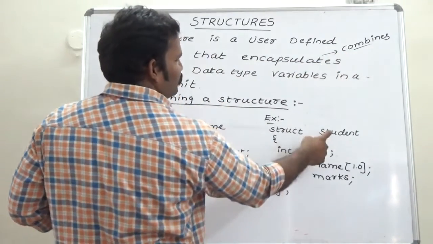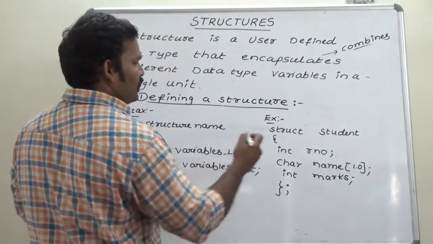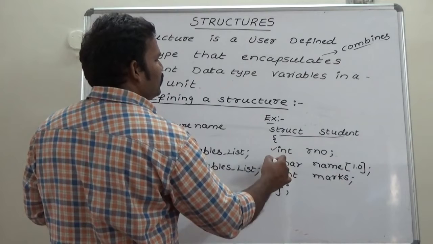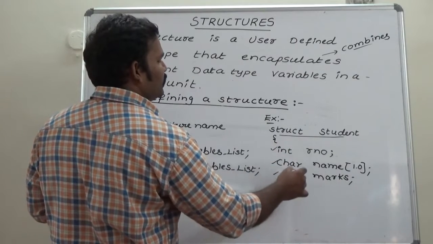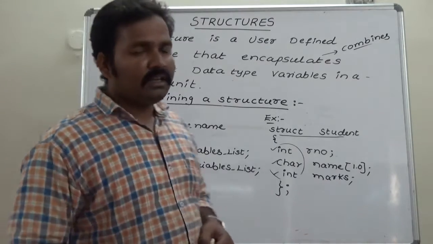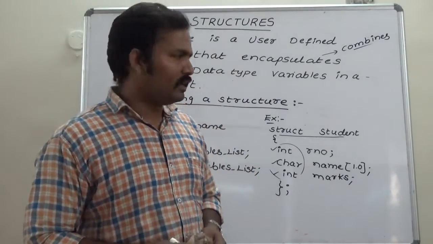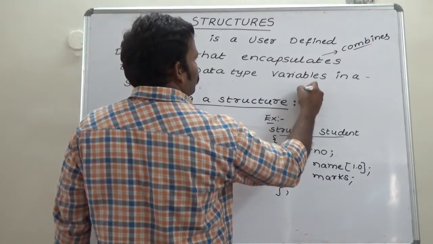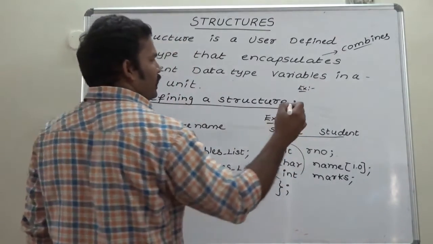Structure combines different data type variables in a single unit. Clear? I will give one more example. I want to process employee data.